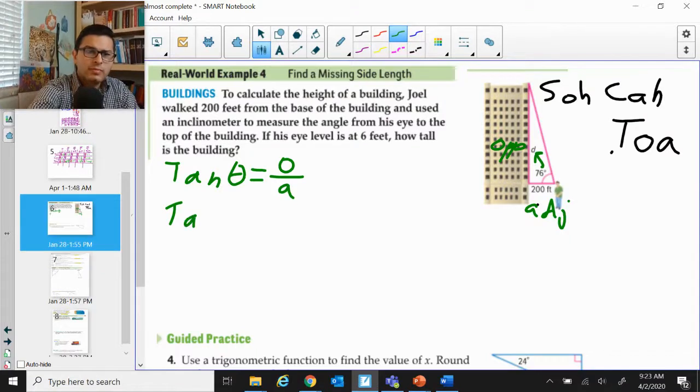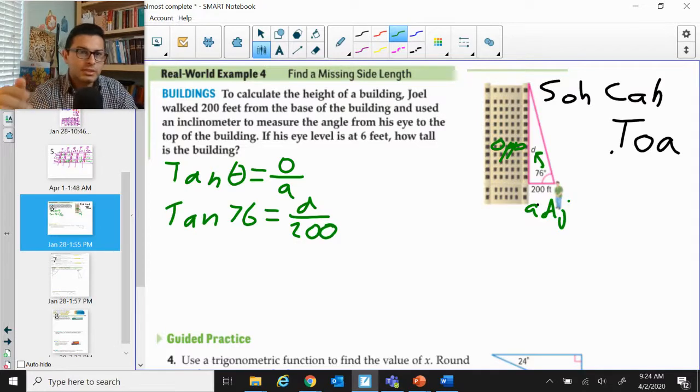Now we have an actual measure for our theta. So we're going to say tangent of 76 equals our opposite, which is D, divided by our adjacent, which is 200. Now we just need to solve this out.